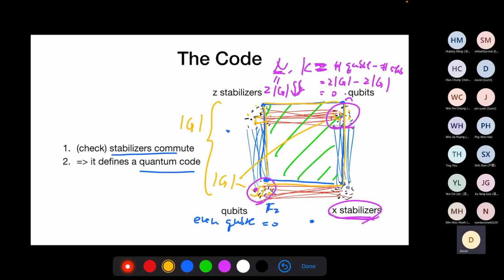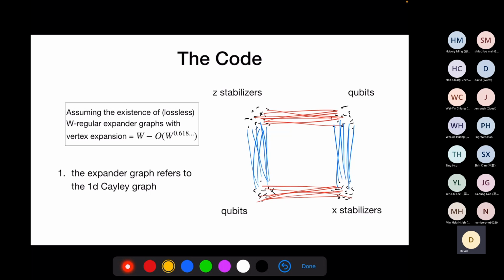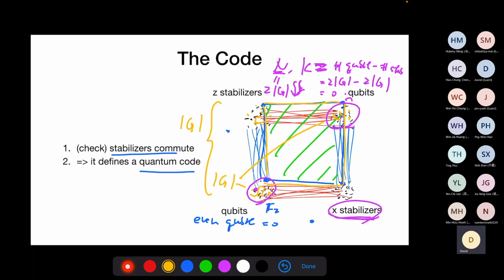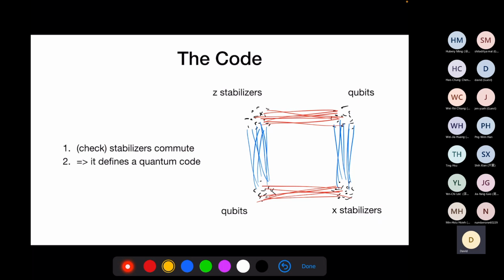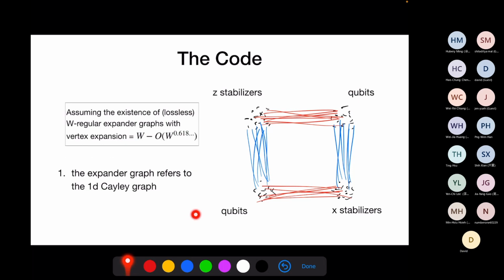Okay, so that's the code. Since we have checked the commutation property, it's a quantum code. Now we can understand better what the assumption means. The assumption says we need some kind of expander, and this expander refers to this Cayley graph.